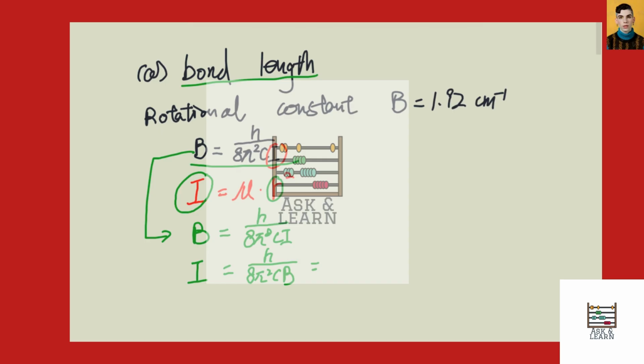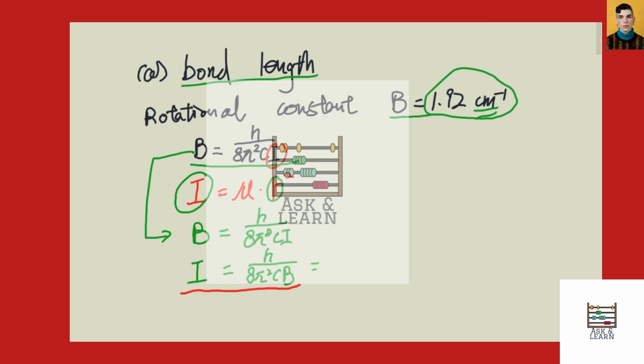One thing you need to be careful about is the unit, because the unit of the rotational constant given is inverse centimeters. But if you look at the expression of the moment of inertia, they use meters.